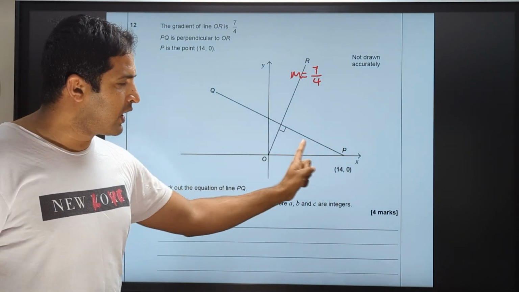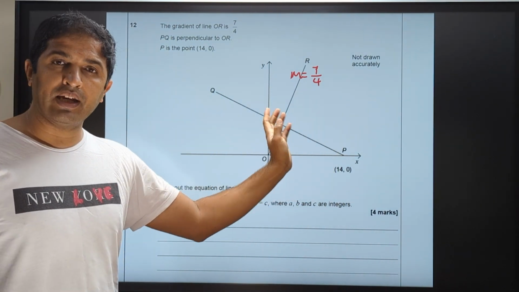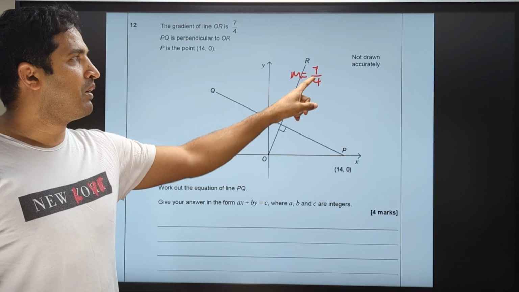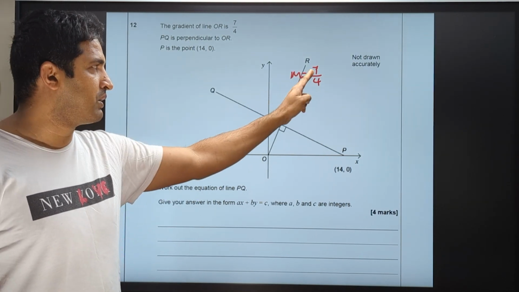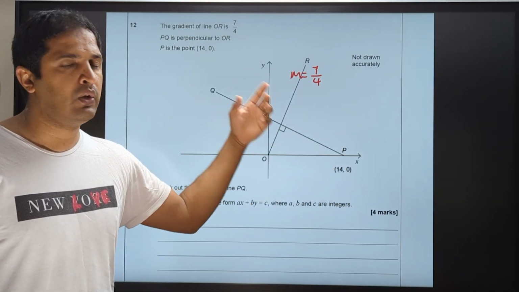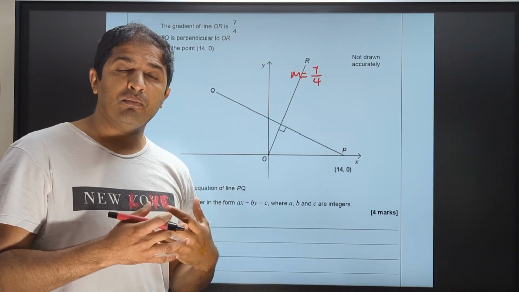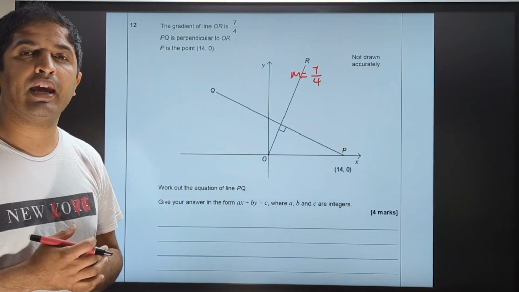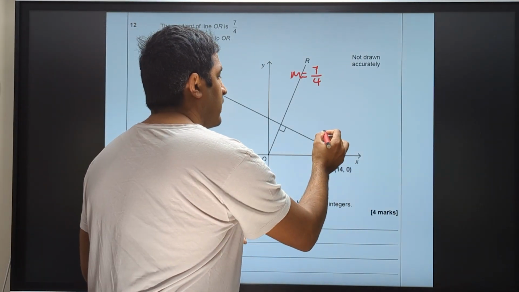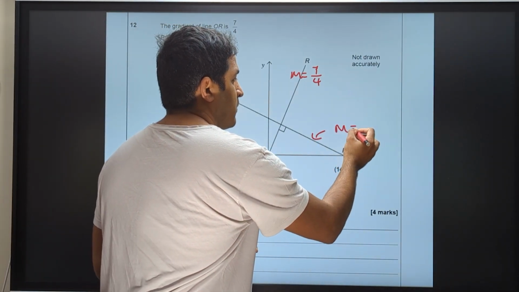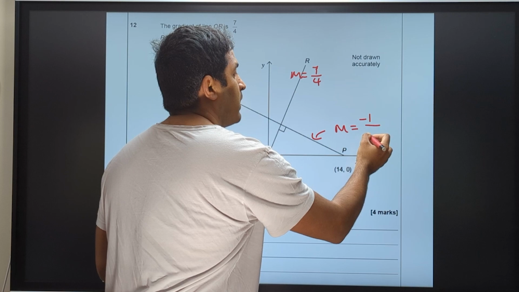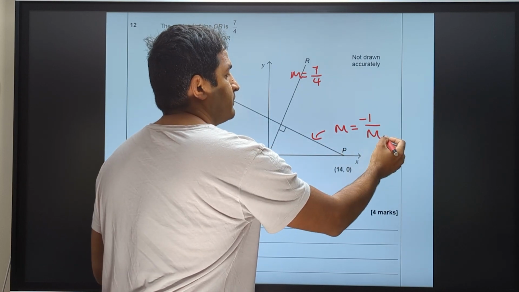That means I know the gradient of this line as well. If the two lines are perpendicular, then when you multiply those two gradients, m1 and m2, if they are normal, perpendicular to each other, the product would be -1. So in other words, the gradient of this one would be the same as saying -1 over the gradient of that one. Okay?